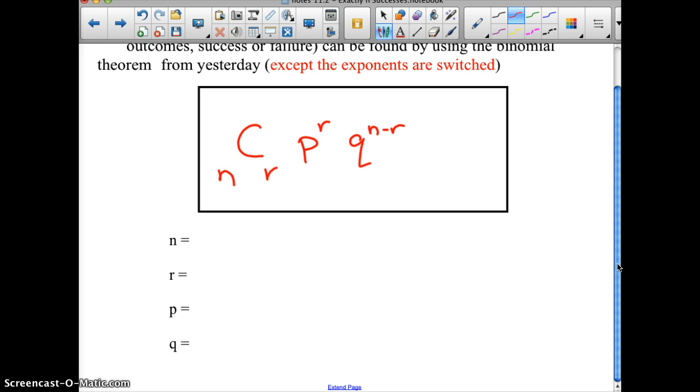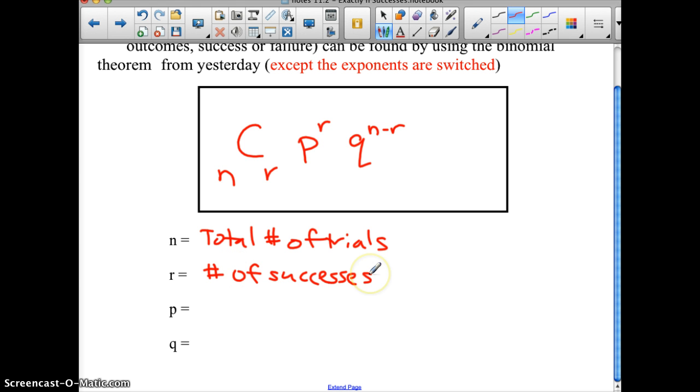All right? Here's why. n is the total number of trials. With our spinner example, it was 3. We spun it 3 times. Right? r is going to be my number of successes, or the number of times I want it to happen.